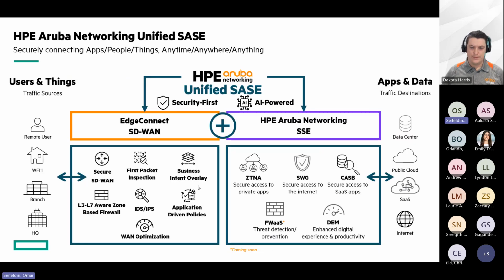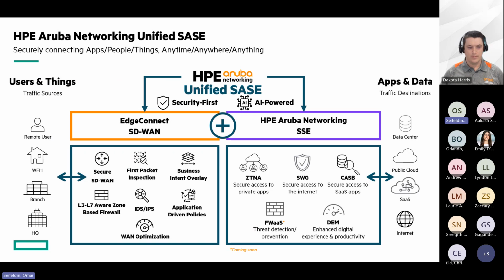So by integrating our Edge Connect SD-WAN product line with our SSE solution, we deliver the unified, or the single vendor, SASE architecture. Sure, it's moving. Sorry about that. So again, we are combining our Edge Connect SD-WAN product line, focusing on modernizing and securing your branch connections.